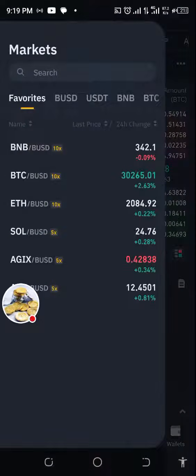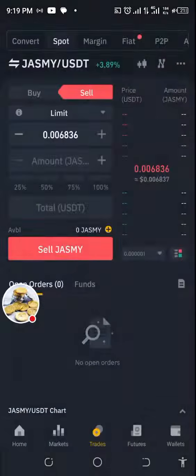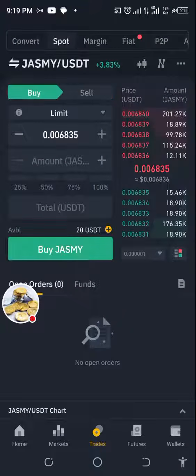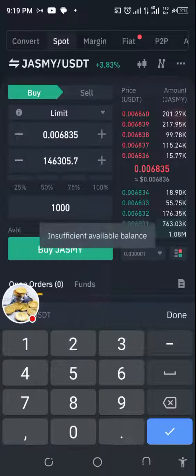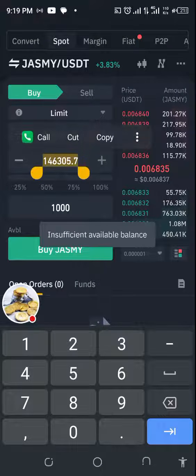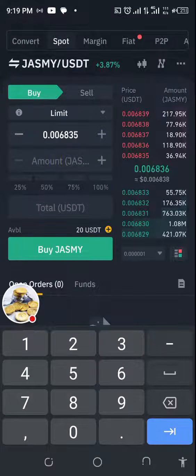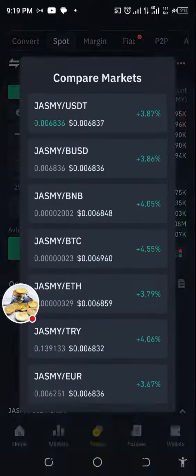So let's go back, let's go to the USDT pair. This time I'm using it the plain, normal way, no touching the order book, just putting it there as a normal limit order. So I'm going to put the $1,000 there and copy it. I'm just doing it plainly, basic simulation.